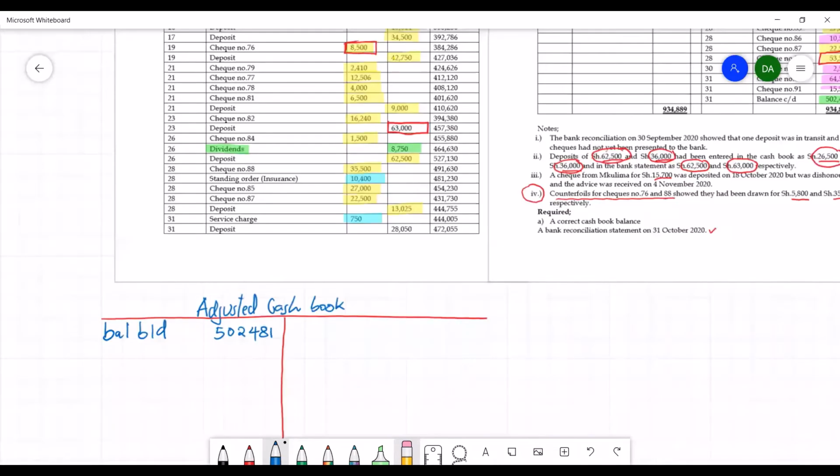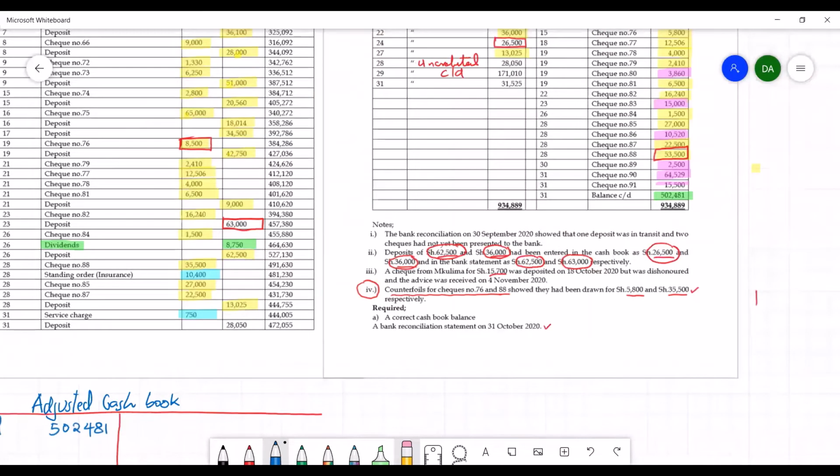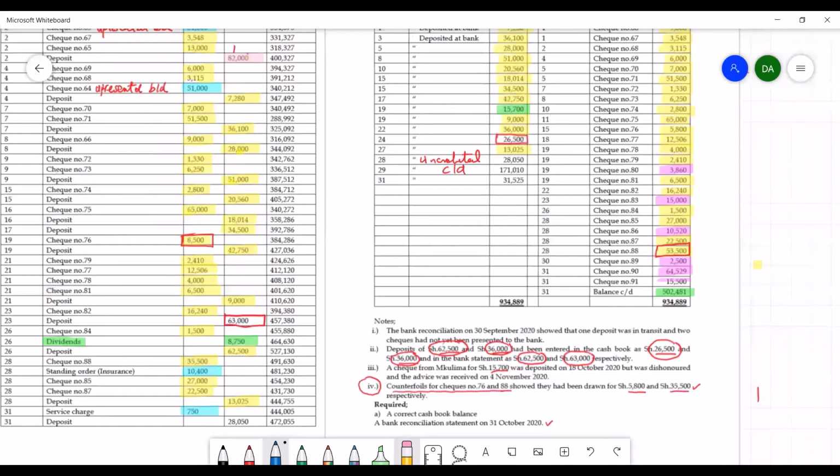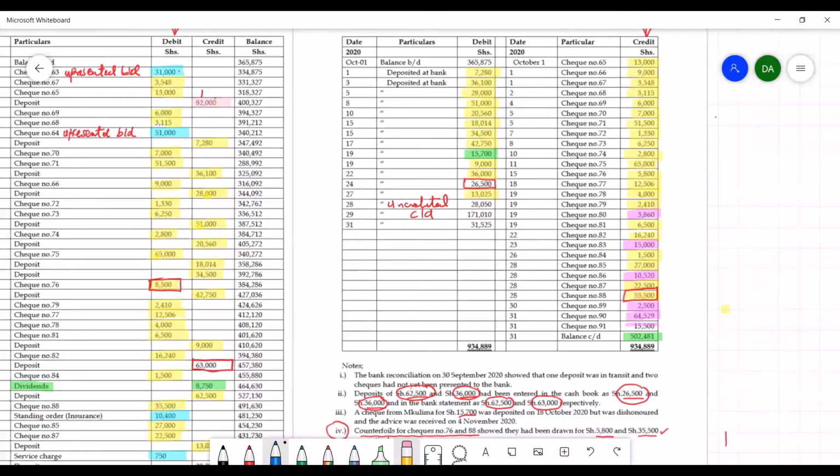If you look at the cash book, there are some errors which were committed as follows. The first one: instead of recording a deposit as 62,500, the deposit was recorded as 26,500. Therefore, we need to get the difference between the correct amount and the wrong amount.